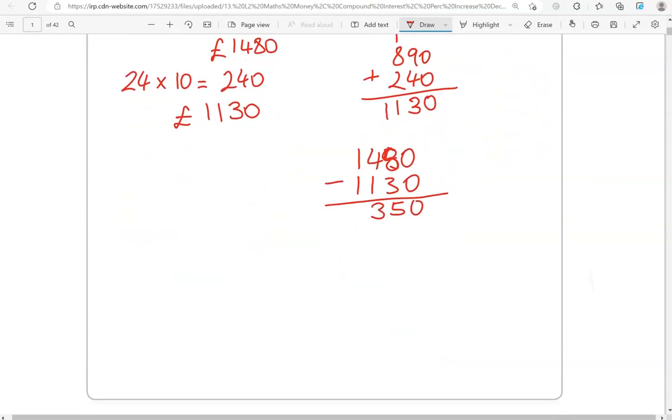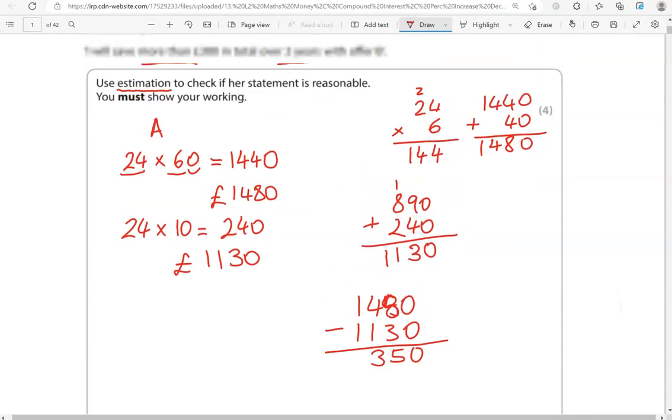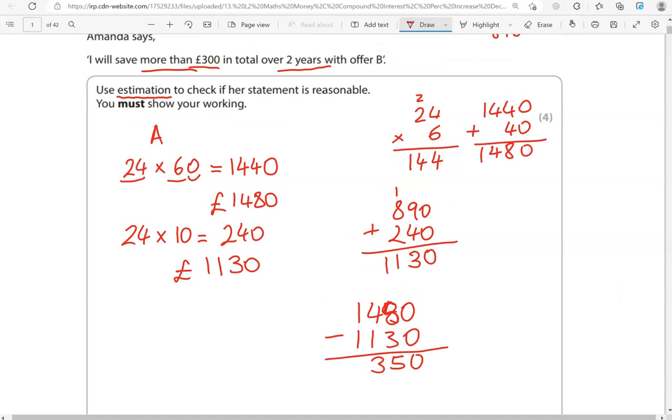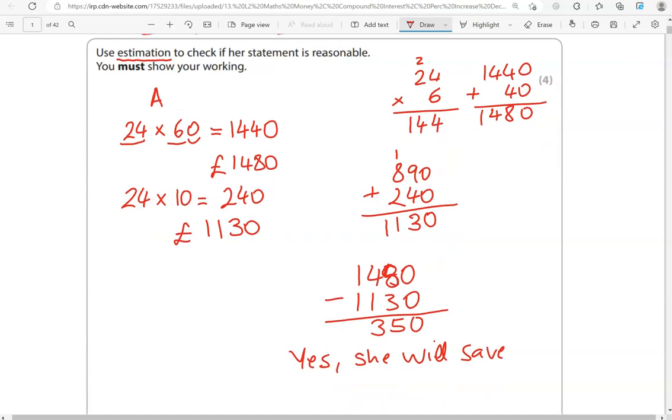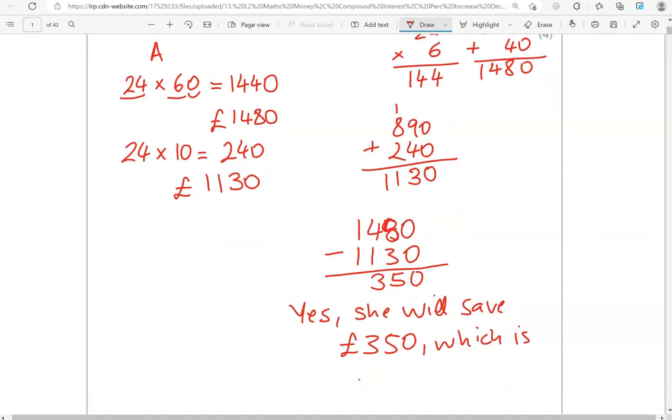We'll say yes. She will save £350, which is more than £300.